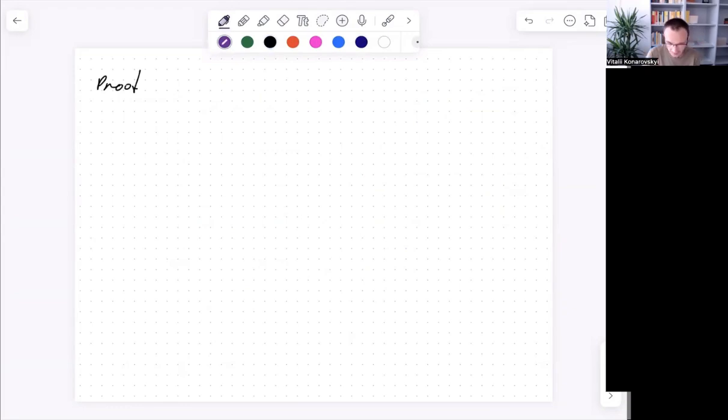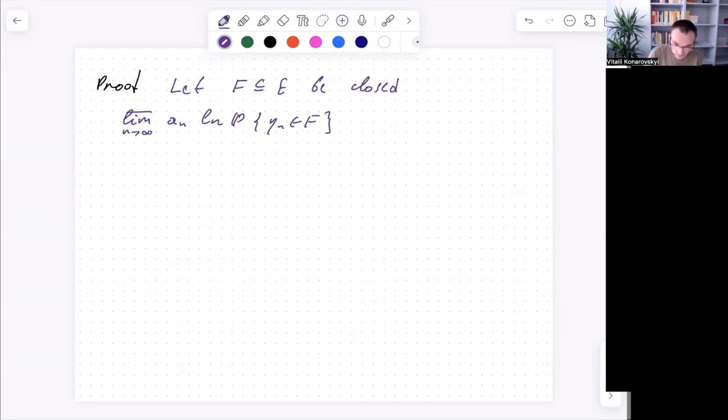We also start from the upper bound. Let F from E be closed, and then we consider the limit as n goes to infinity of an logarithm of the probability that eta n belongs to F. Now this probability we can write as follows according to the definition of eta n.